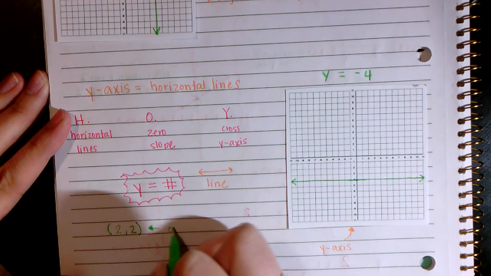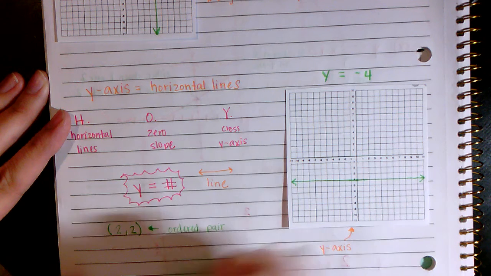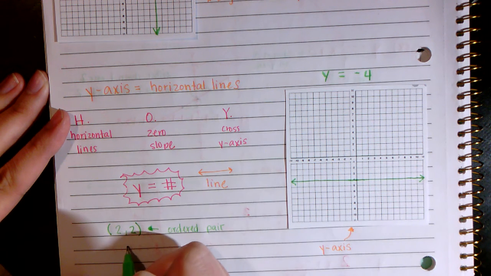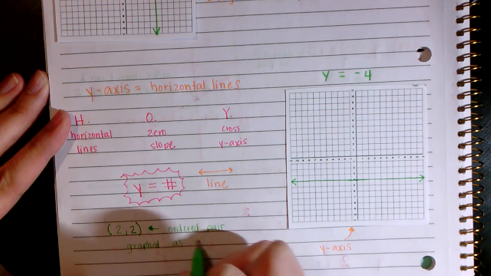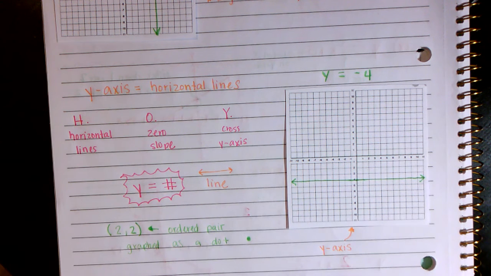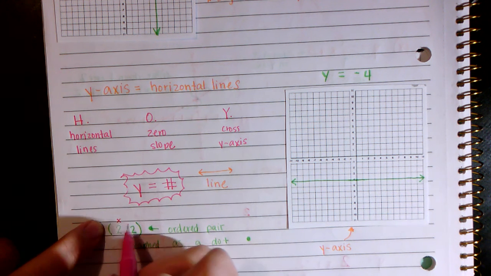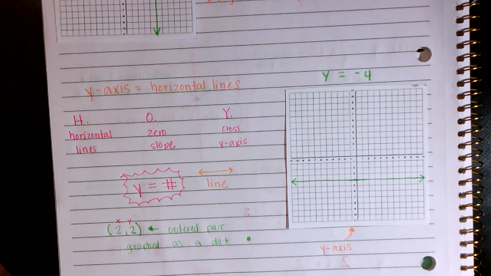This is called an ordered pair, graphed as a dot. So if I give you an ordered pair and say graph (2, 2), we know this is my x value, this is my y value, so I'm going to go over 2, up 2. That's a point. Very different.